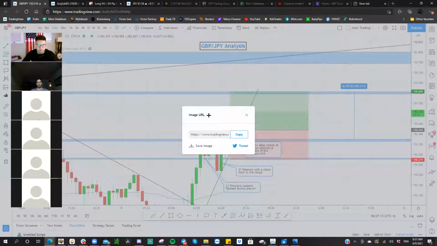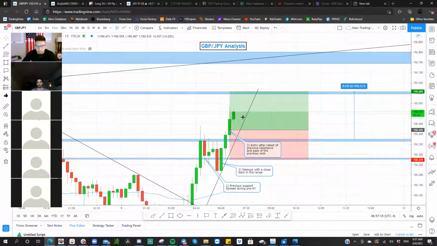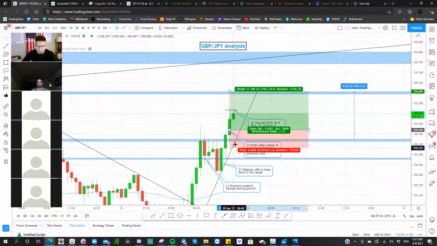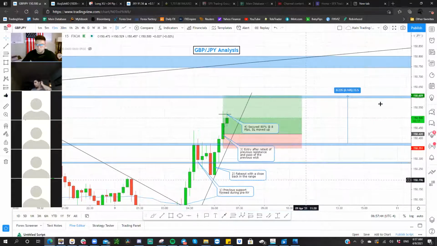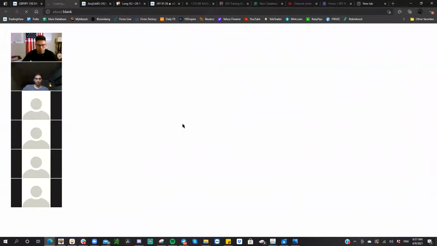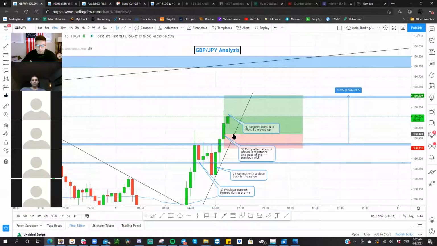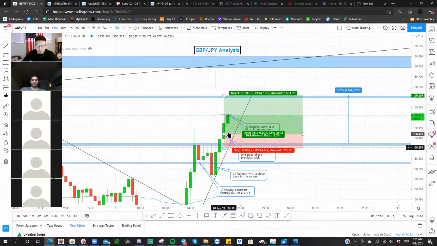Let's try this. I'll take a trade. So now my rules are, if we come back down to my entry over here, even if I'm not moving my stop loss to break even, I'll just close 50%.